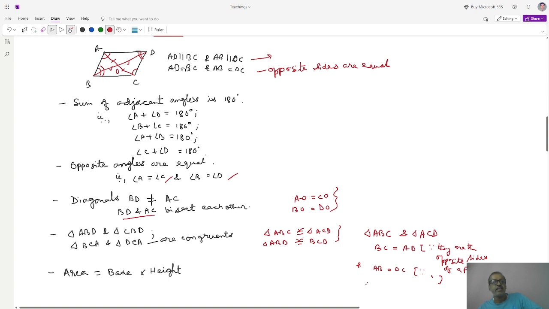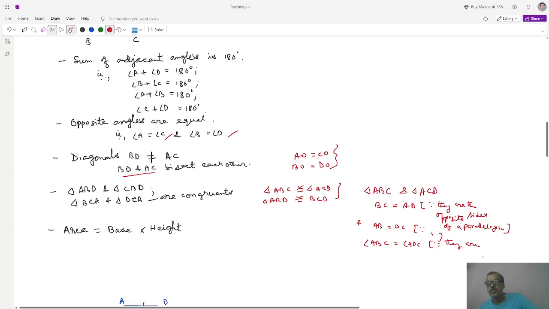And angle ABC equals angle ADC, since they are the opposite angles of a parallelogram.